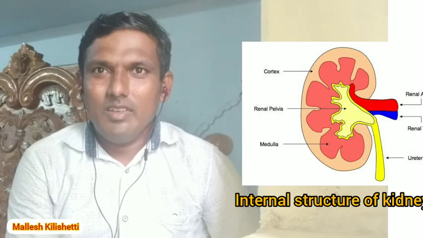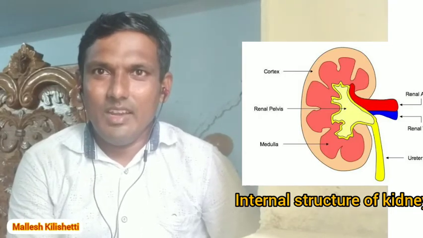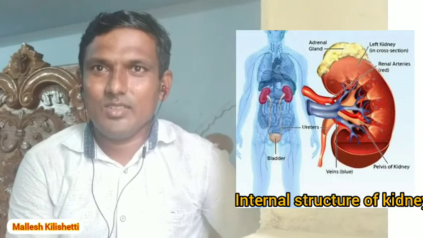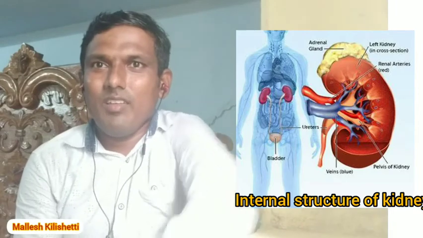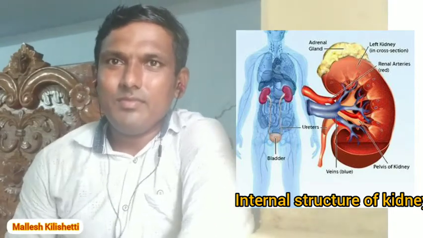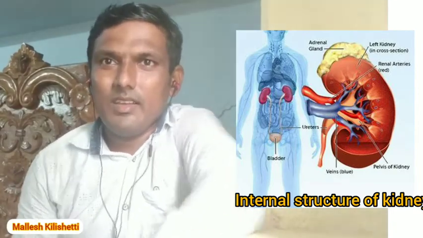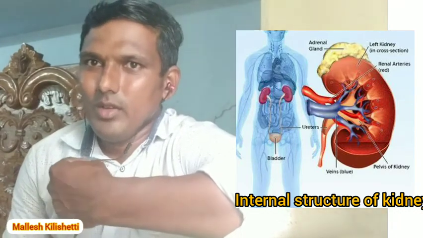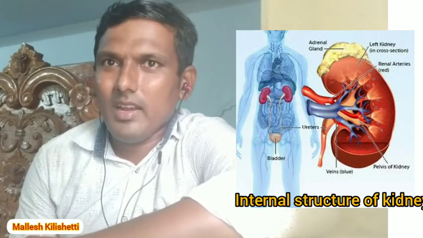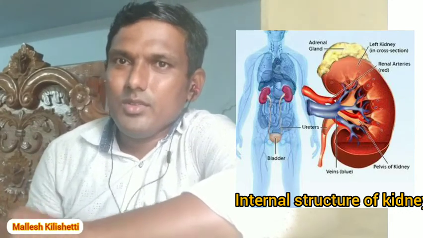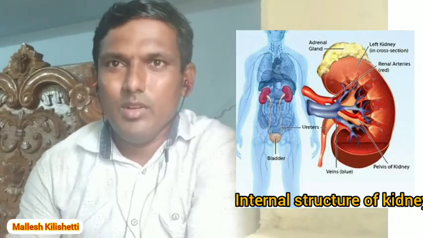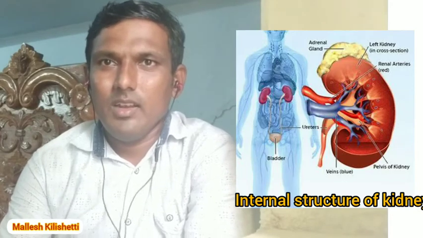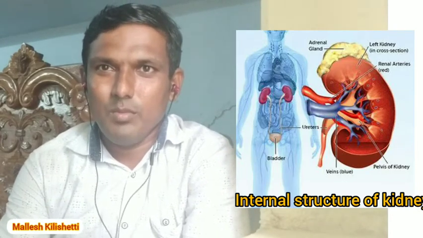When we observe the internal structure of the nephron, it mainly contains two parts: the Malpighian body and the renal tubule. First, the Malpighian body.